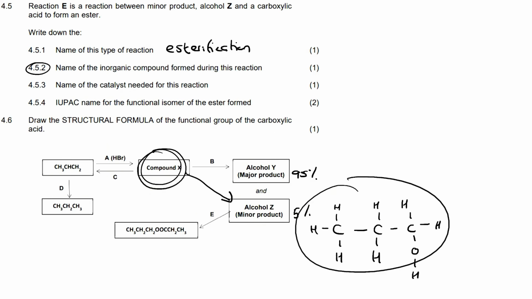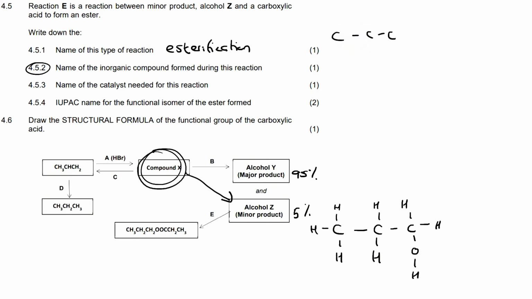If you take an alcohol like this, with 3 carbons, and react it with a carboxylic acid, say a 2-carbon carboxylic acid, with the HO over there and the double bond oxygen over there, then everything else stays as it is.